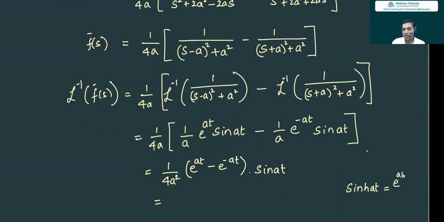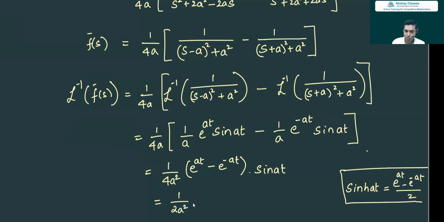Is e power at minus e power minus at by 2. So e power at minus e power minus at is twice of this. So you get 1 by 2a square. This 2 goes here. Sine hyperbolic at into sine at. This is the answer.